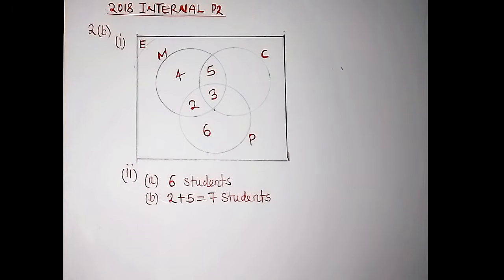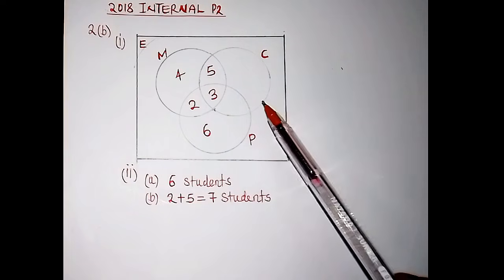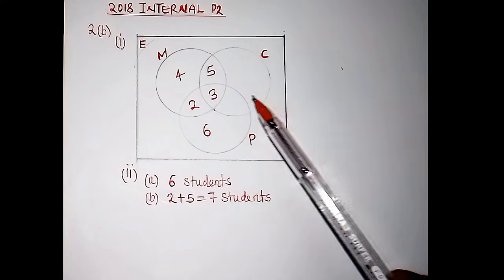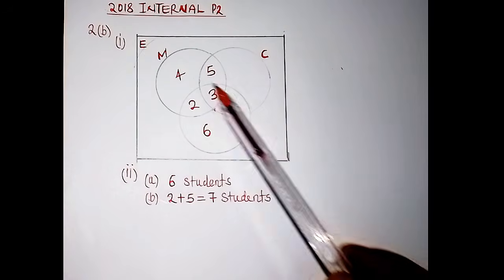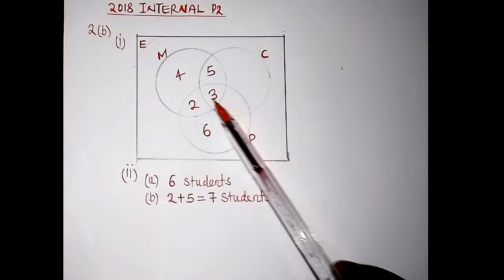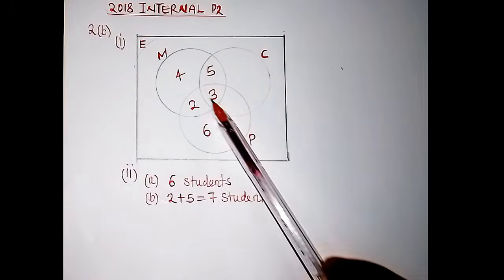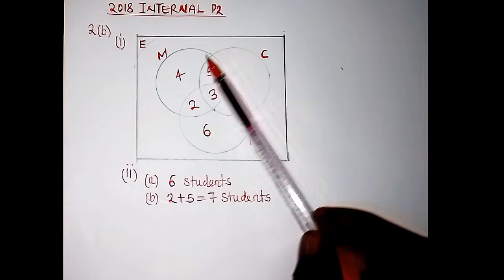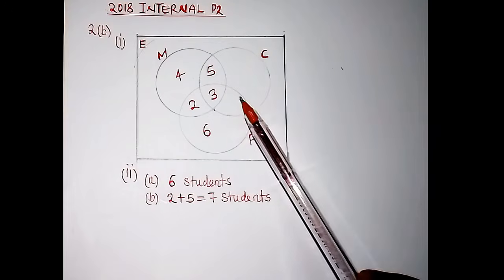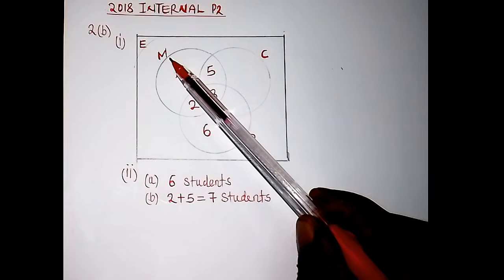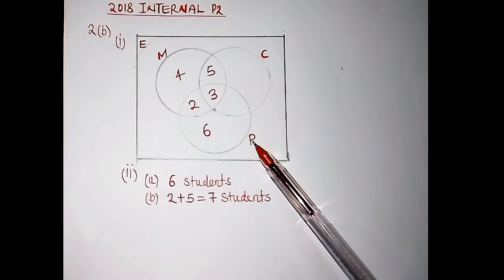So the last part is how many students study mathematics and physics but not chemistry. If we go to our Venn diagram, here they've said mathematics and physics but not chemistry. So meaning the complement of chemistry, but the intersection of mathematics and physics.